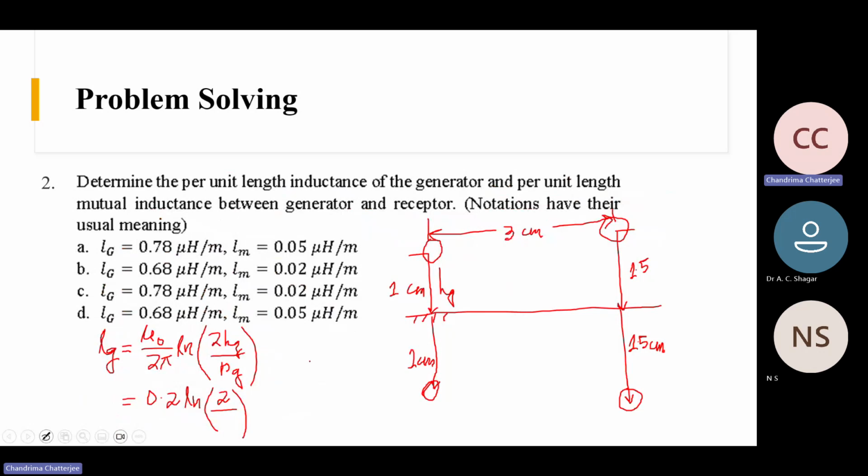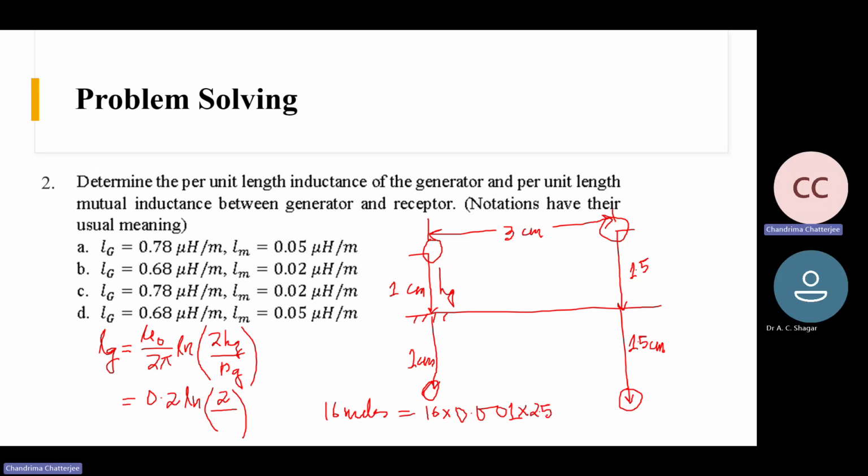That gives us 16 mils is equal to 16 multiplied by 0.001. This will be in inches and then multiplied by 2.54. We will get the value in centimeters.